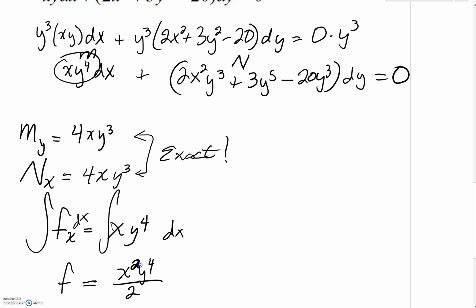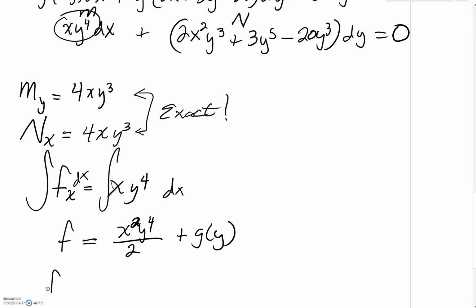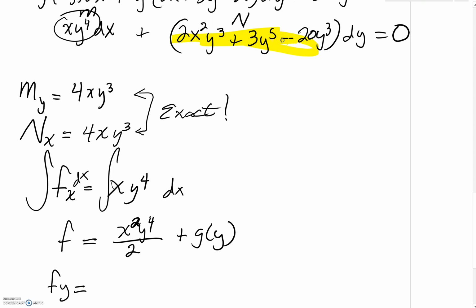Bump that power of x 1 higher. But of course, the constant that we're going to have, realizing that y is thought to be a constant, we could say, look, we could have a function of y. But if we take our derivative with respect to y right now, what we should be getting is N.